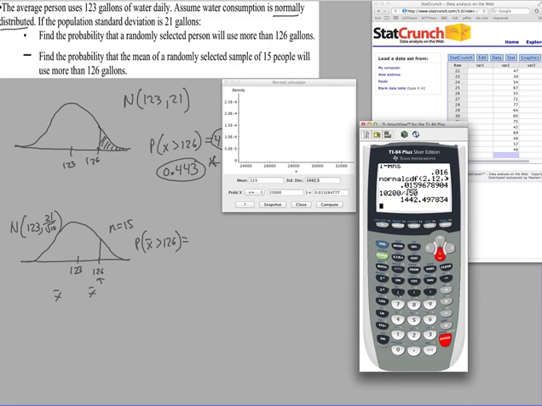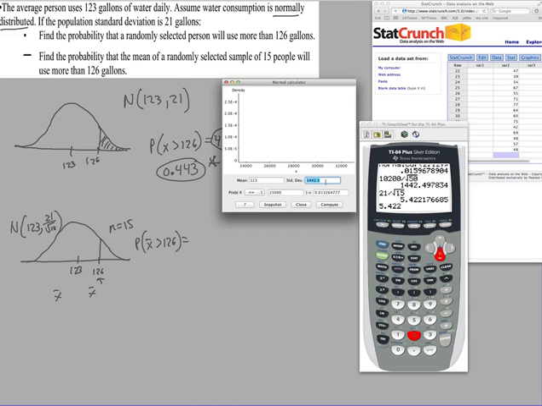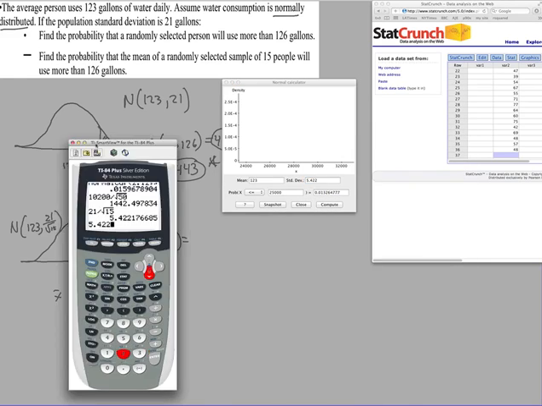So I have 21 divided by root 15. And you can round this. I know, like I said earlier, you can't do it in StatCrunch. So 5.422. Generally, I'll round to 3 digits.